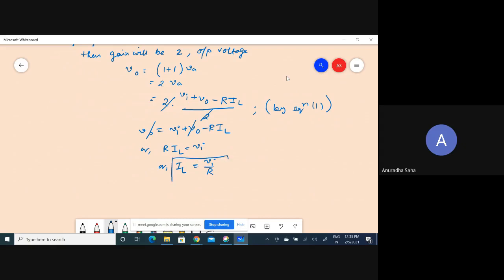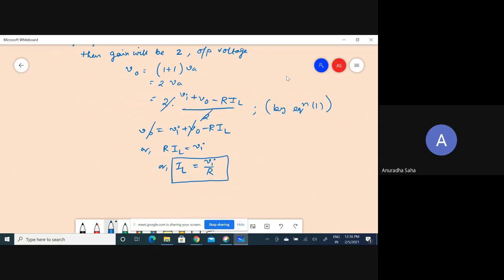And you will again see that here also the load current is independent of load resistance. That is why the circuit is known as a constant current source, since Vi is constant here. Vi is constant, so it provides you the constant current source, and also the load current is independent of load resistance. That means the output current does not depend on load resistance.